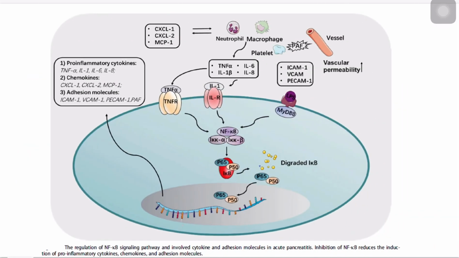As you see here, when activation of this system happens, it makes a complex of P50 and P50-P65, and it can go and here transcription happens. As you see here, for the activation we have the IKB, and the activation can cause increased transcription and translation of the inflammatory cascade and apoptosis.